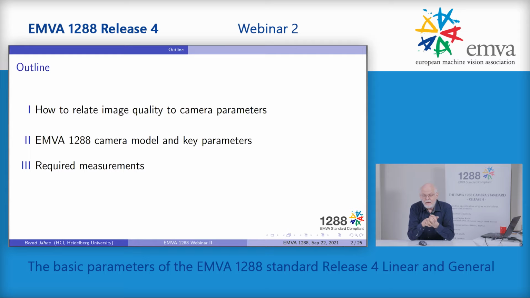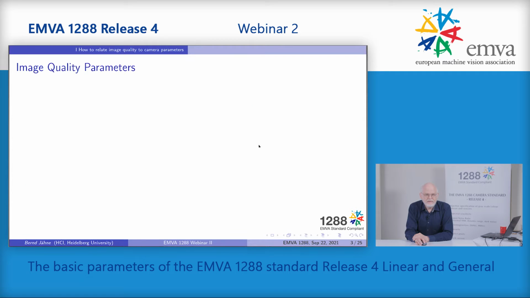Out of this basic model, you can immediately see what the key parameters are. And out of that, we can then, in the third step, look at the question, what do we actually have to measure? I will show you the most important things there. And finally, of course, there is always opportunity at the end to ask me some questions. So let's get started with image quality parameters.